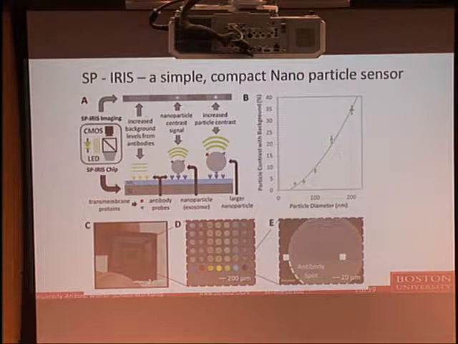So the way the system works is, for detection, you have a functionalized surface with different capture molecules. And in this particular case, these are exosomes that we're detecting. Exosomes are small vesicles secreted from cells that are known to communicate between cells by passing molecules to each other.